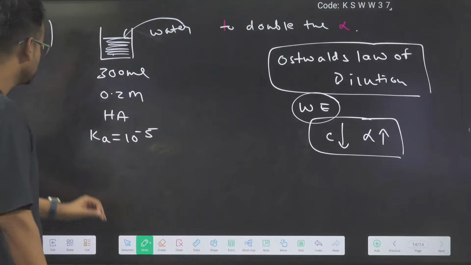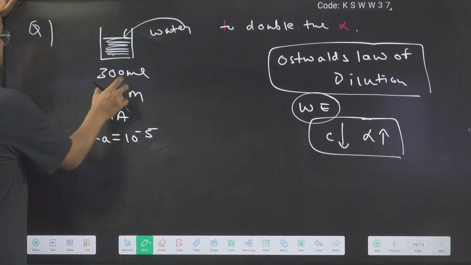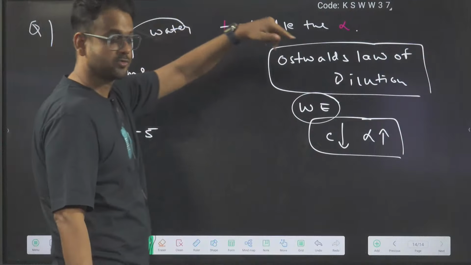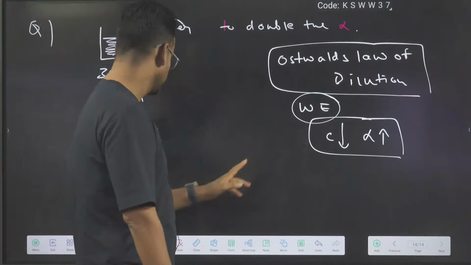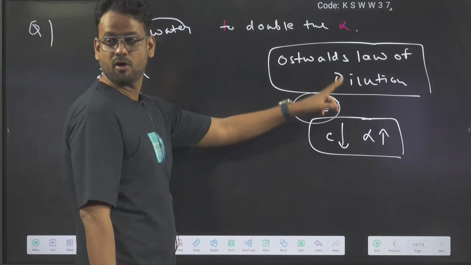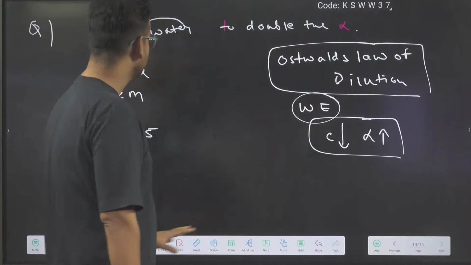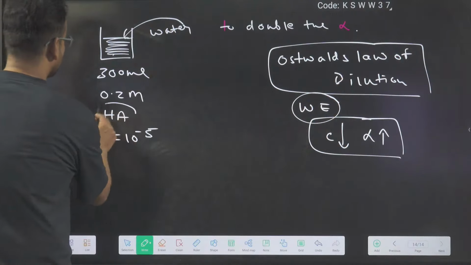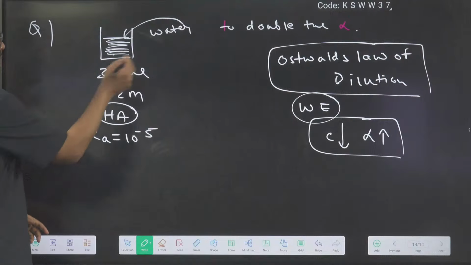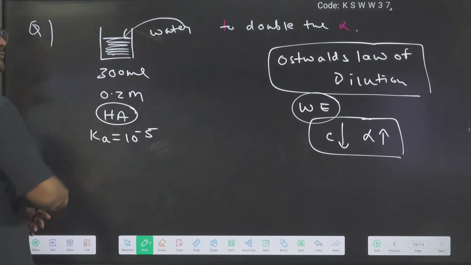So 300 ml, 0.2 molar HA, Ka is 10 to the power minus 5. I was talking about Ostwald's law of dilution: for a weak electrolyte, if you decrease the concentration, the value of alpha will increase. Here I have a weak monoprotic acid, which is a weak electrolyte, and I am adding water to it, so its molarity will decrease.